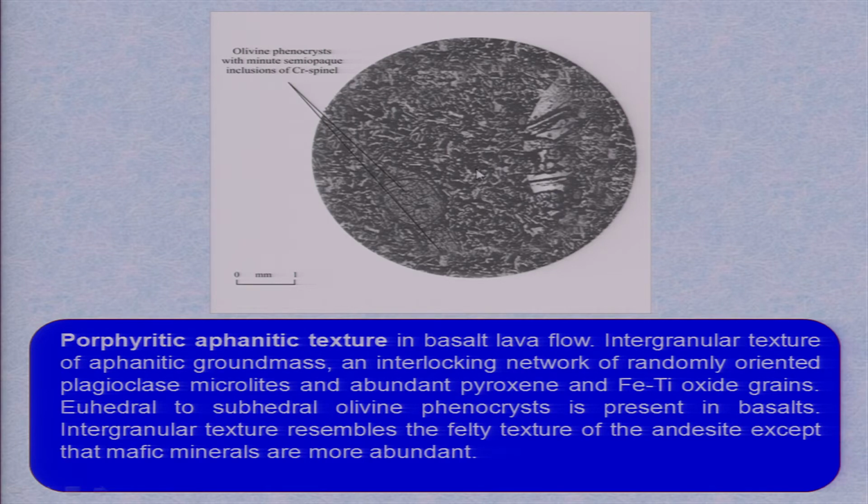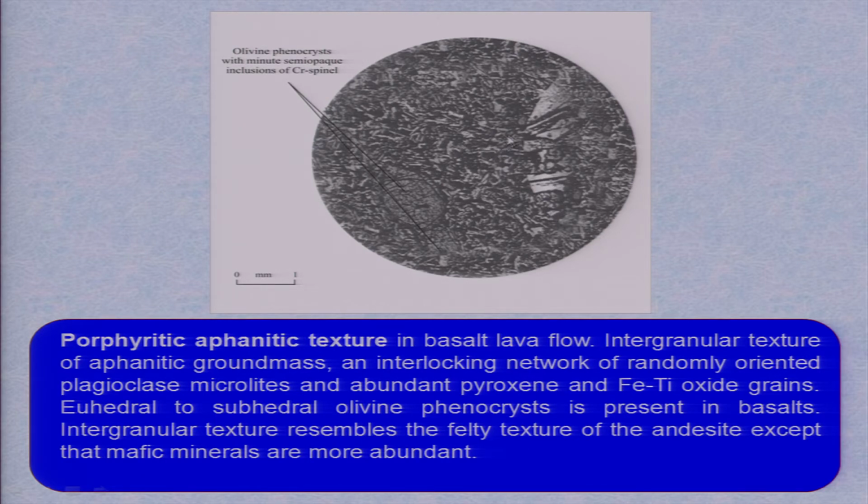An interlocking network of randomly oriented plagioclase microlites and abundant plagioclase and FeTi oxide, that is iron titanium oxide grains, form the interlocking texture, and in between these interlocking grains the glass is occupying that open space.